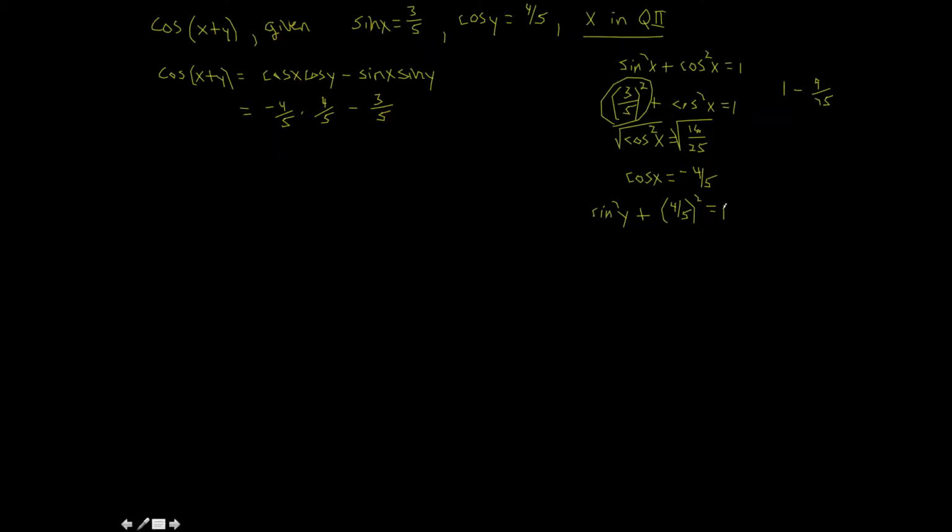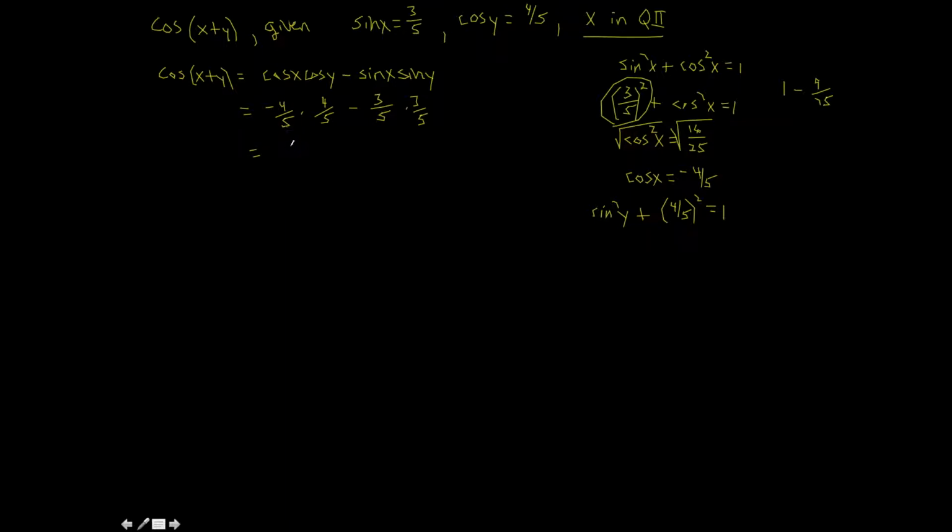And so you could solve this the same way we did the previous one, and you could find sine y that way. And if you do that, you find sine y would be 3/5, believe it or not, because sine is positive in the second quadrant.